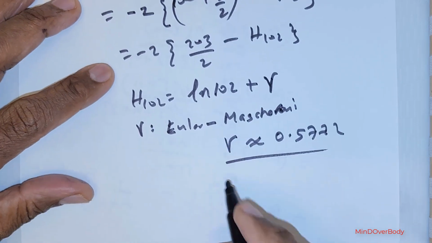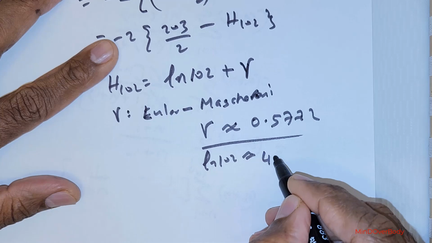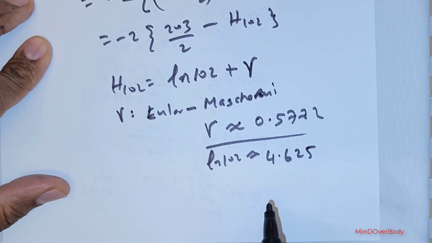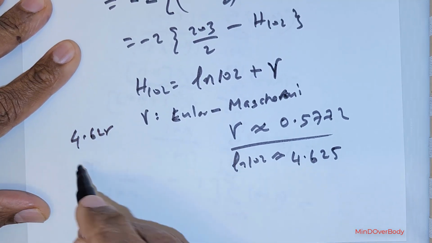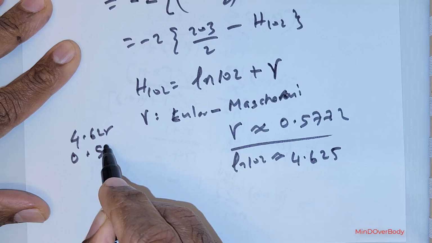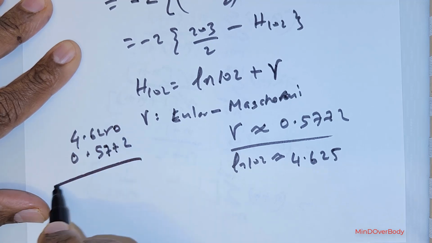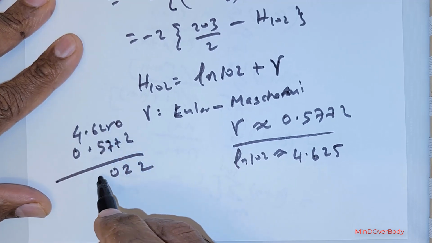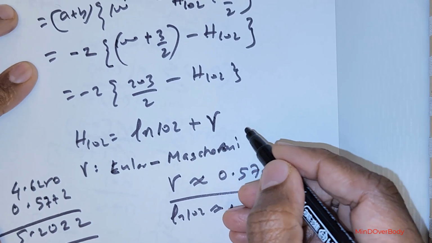And this constant is approximately 0.5772. So we take this value, and ln 102 has an approximate value of 4.625. So we have 4.625 added with 0.5772. Okay, so this is going to give me 5.2022.